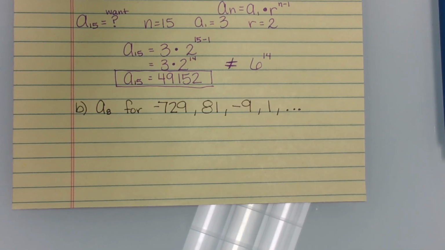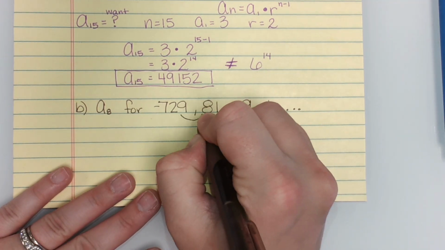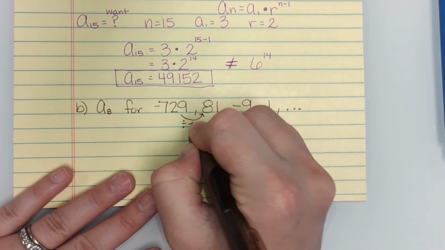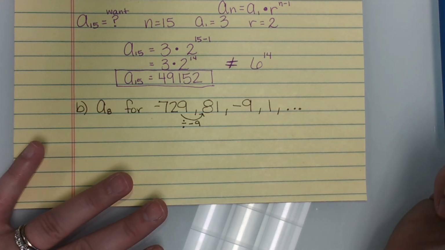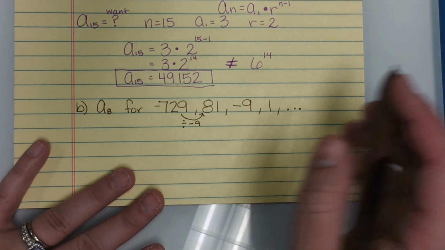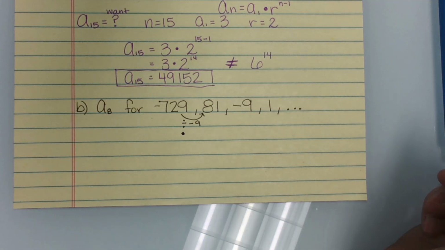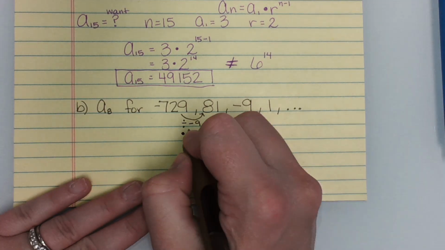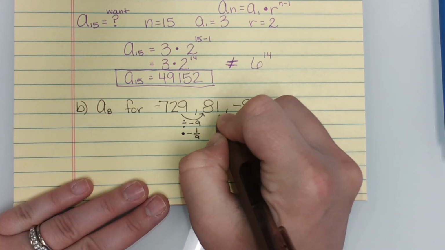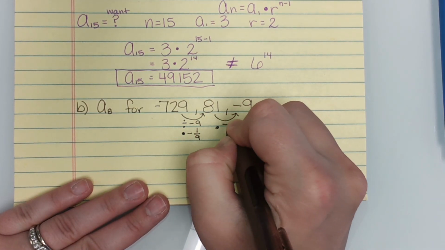Is this arithmetic or geometric? Or neither? Geometric, how do you know? It's dividing by negative 9. Now, when we deal with geometric, dividing by negative 9 can help us identify that it's geometric, but what I actually want is what it multiplies by. To divide by negative 9 is to multiply by what? Negative 1/9. To divide by something is to multiply by its reciprocal.